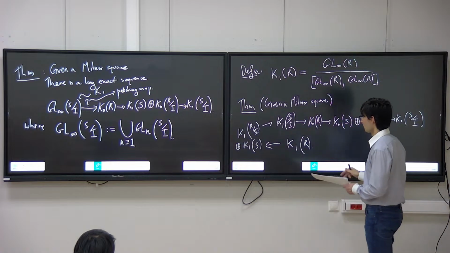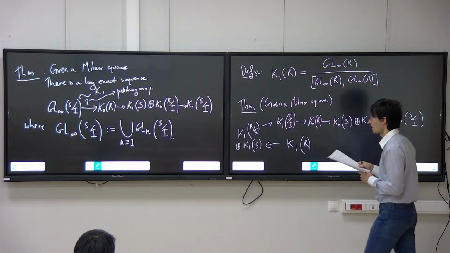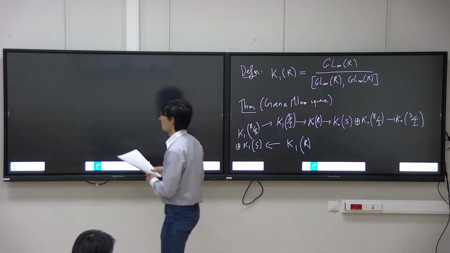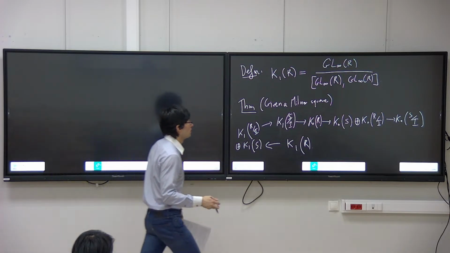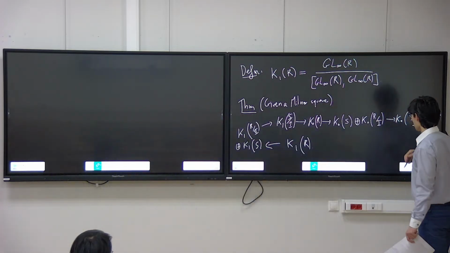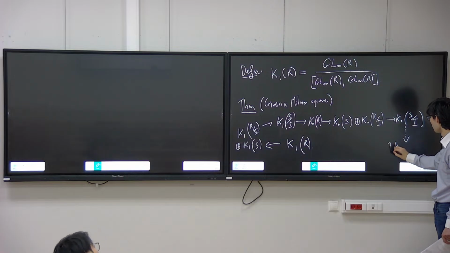Okay, so it looks like so far it's some kind of right definition, the correct definition. And before we go to higher K theory, like K2 and so on, there is negative K theory, which should be something that appears here, right? So maybe K minus 1, whatever that is.